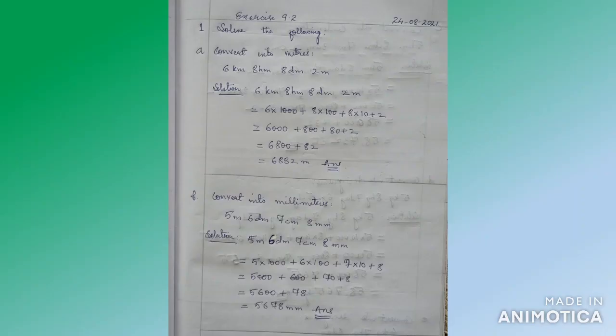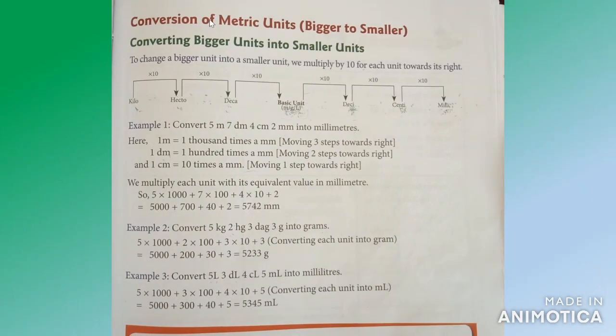How many is given here? 1, 2, 3, 4. And we have 4. To convert this one, you see, if you go to the previous slide, let me show you the previous slide. You see here. Now the question is asking to convert from hectometer.